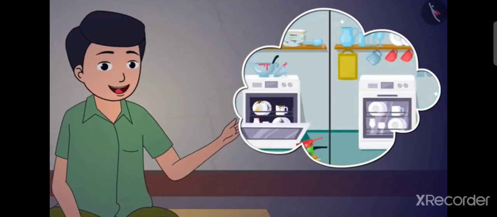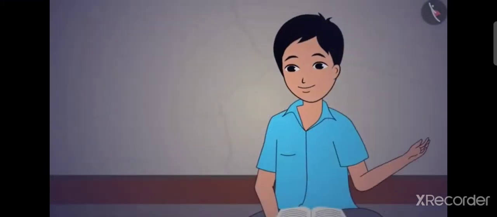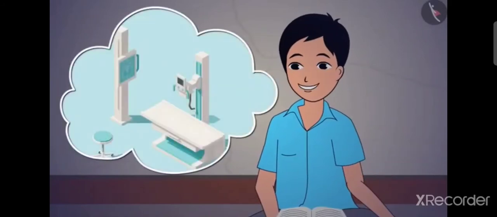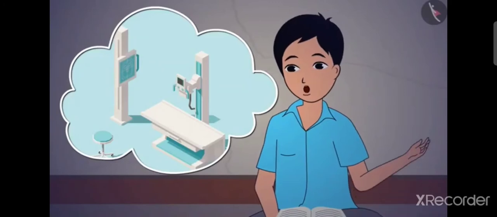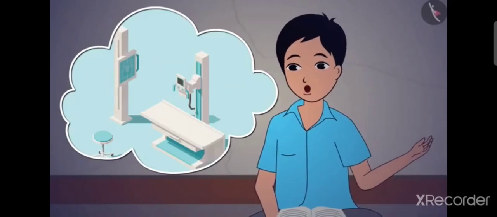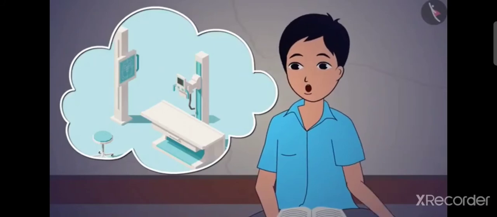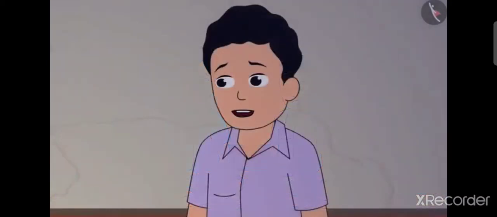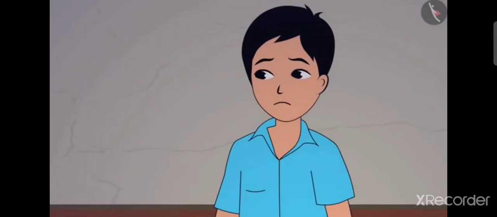Even vessels are also cleaned with the help of electricity. Is it? Our district hospital's instruments, machines like X-ray machine are run on electricity? But why does the power in our village go so often? It is very bright in the mornings and it is pitch dark in the nights. Can't we capture the sun's rays in a box so that we can use it at night? Does it happen like that? Are there power cuts in other villages and other cities like this only?